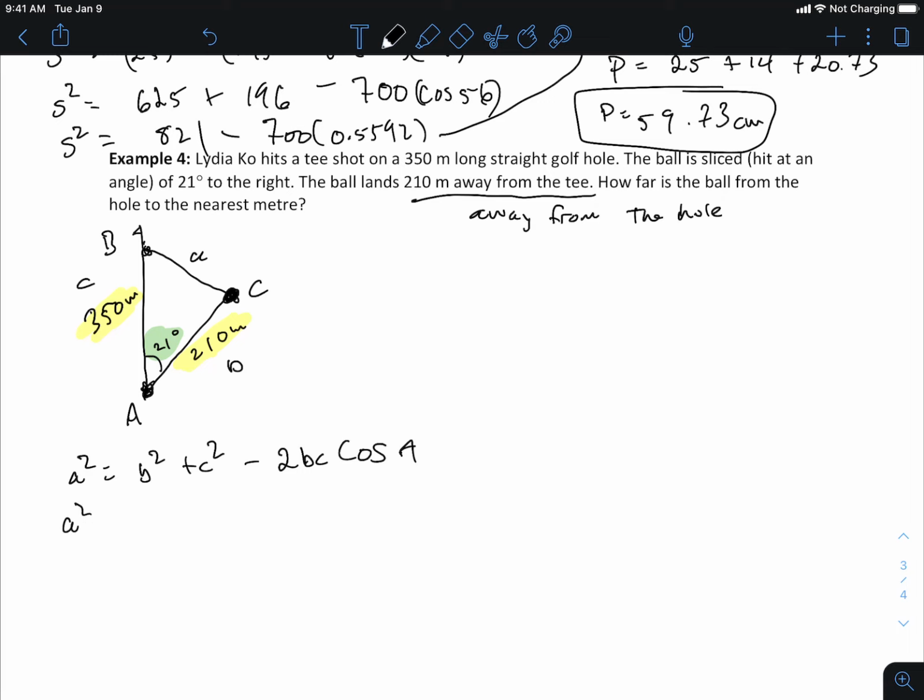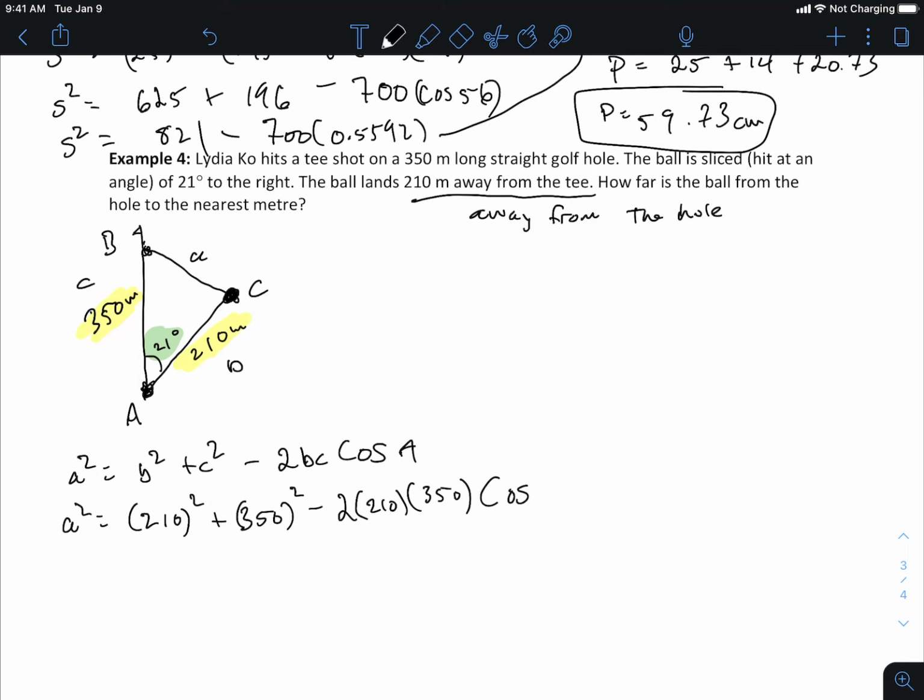Okay, so a squared is equal to 210 squared plus 350 squared minus 2 times... Well, we know what A is.